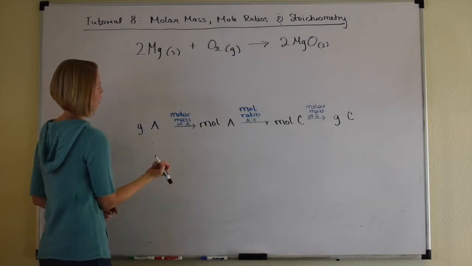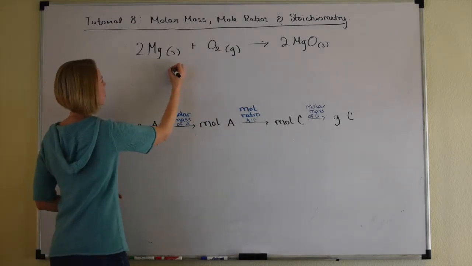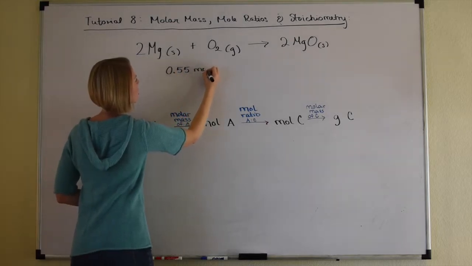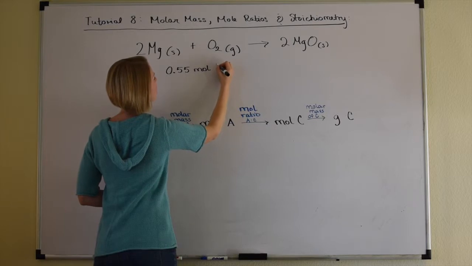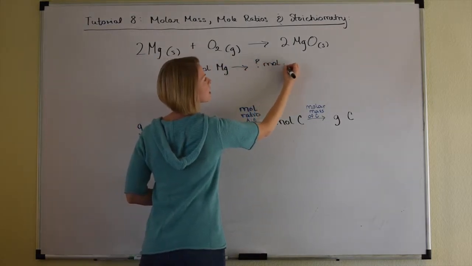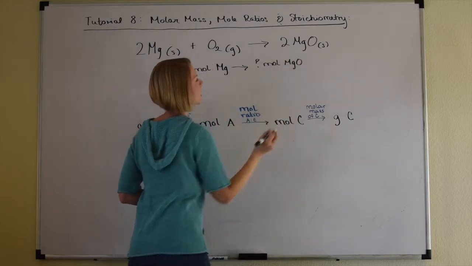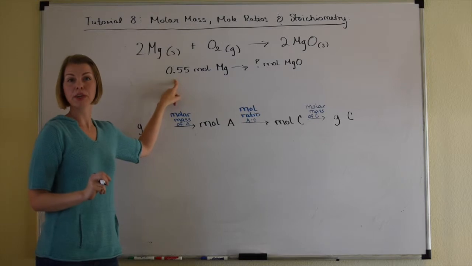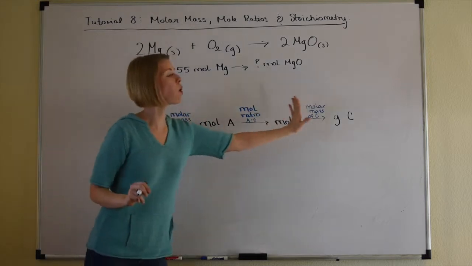Let's say that we want to know how many moles of magnesium oxide we can get from reacting 0.55 moles of magnesium. All right, so we're not doing this whole problem here.